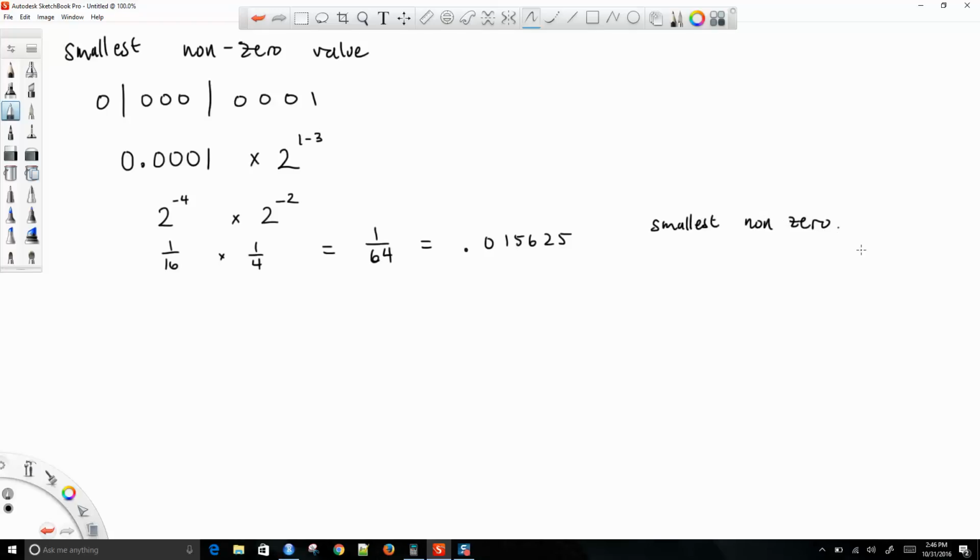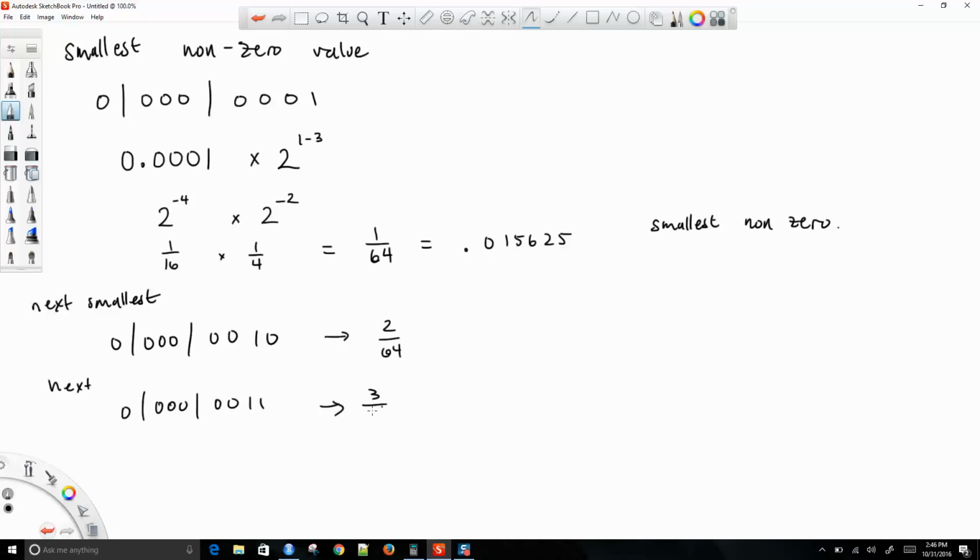Then the next smallest would be 0, 0, 0, 0, 0, 0, 1, 0. If we do our calculations, we would get 2/64 or 1/32. So we're incrementing by 1/64, and then the next would be 3/64.